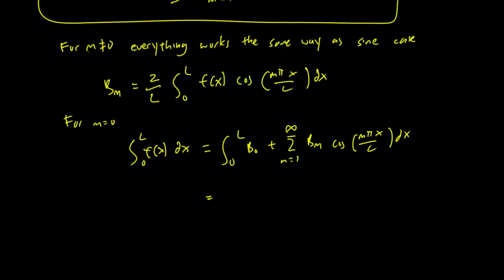The first term just becomes b naught x from 0 to L, and then we have all these cosine terms to integrate too.